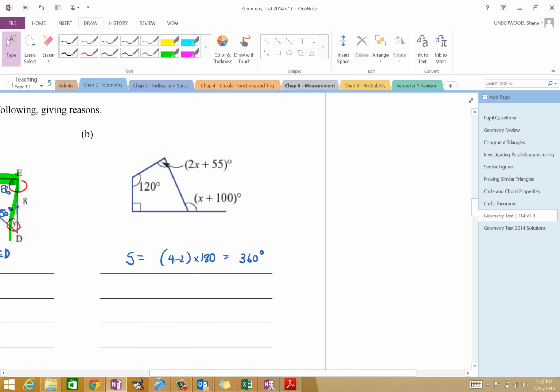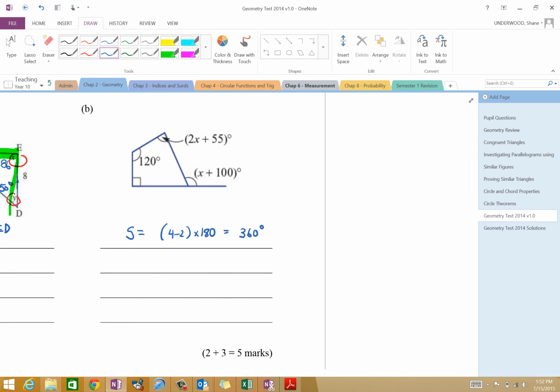Now, this is where it gets tricky. My 360 degrees is equal to, I've got my 90 here, so that's fine. I've got 90, then plus 120, then plus 2x plus 55 degrees. And then plus whatever this thing is. Okay, and we're going to just call this y.